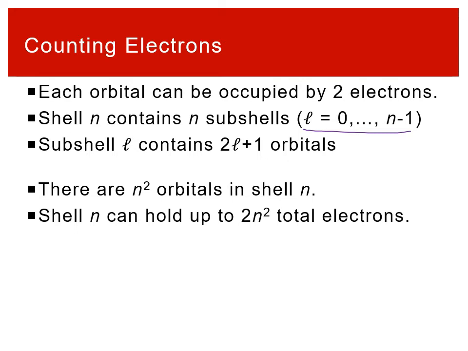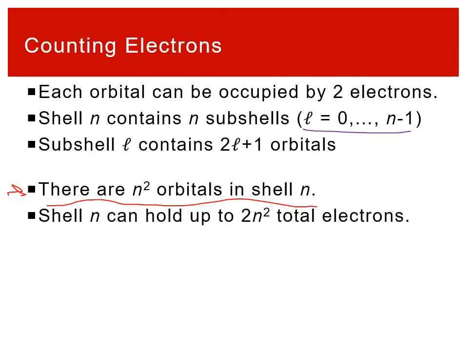I do want to point out some different language. There are N squared orbitals in shell N. You can think about these orbitals, shells, and subshells as boxes. They're places where electrons can go, and they always exist whether or not the electrons are in them.